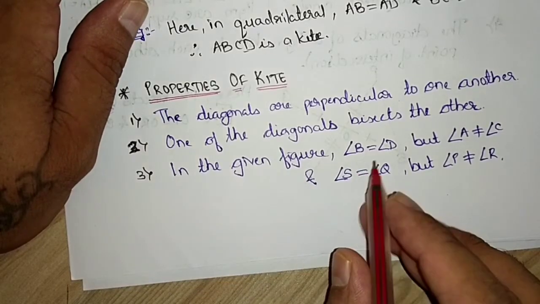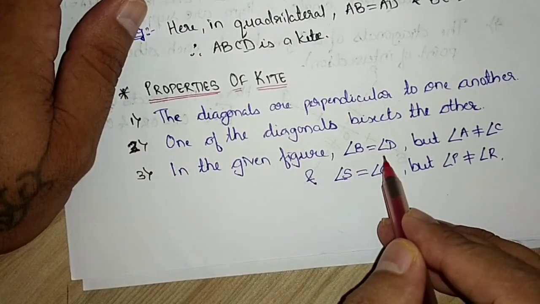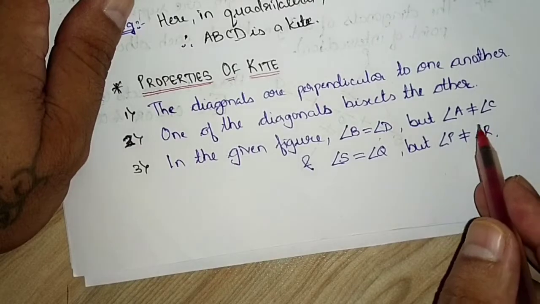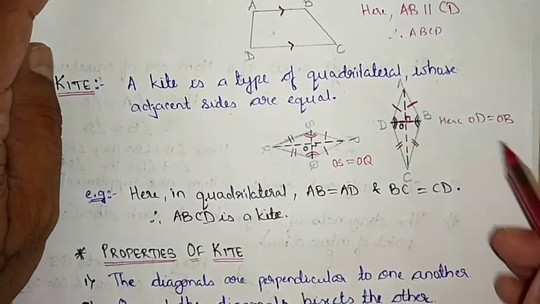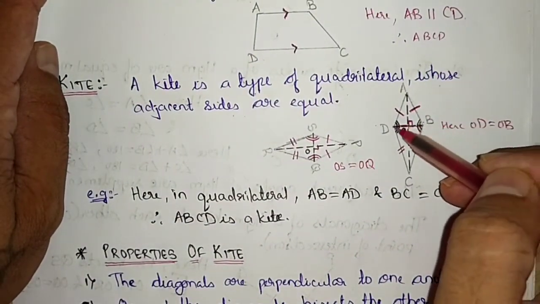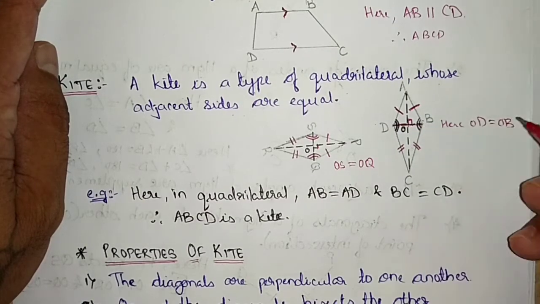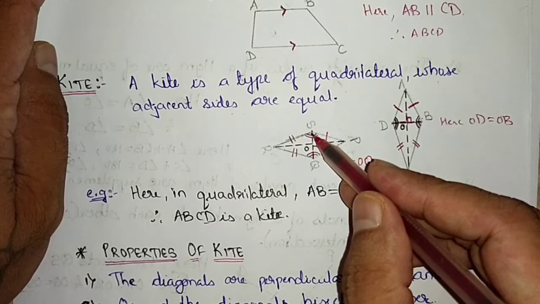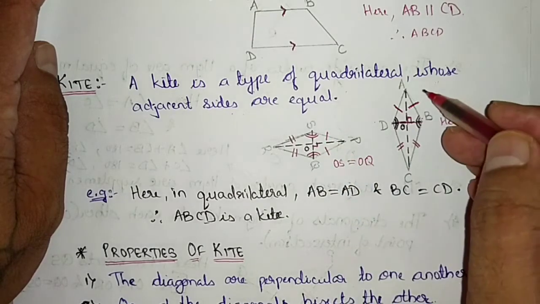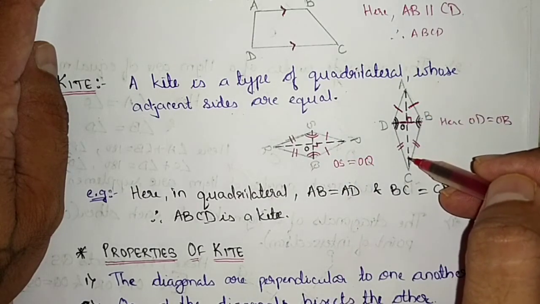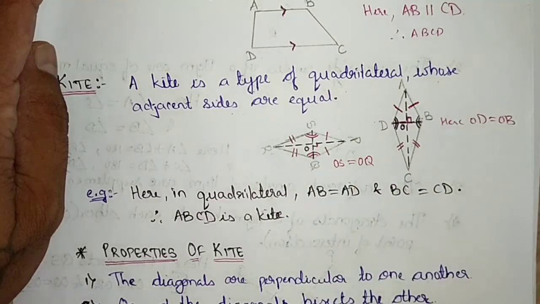Now the third property. In the given figure, angle B is equal to angle D, but angle A is not equal to angle C. See, I have given the same symbol. Also angles Q and S are equal, but P and R are not equal.